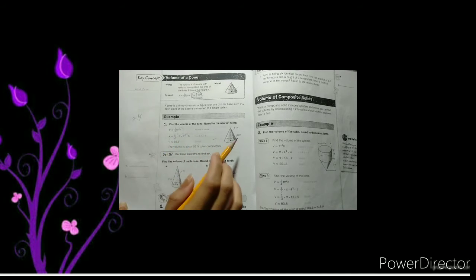Then you will simplify the given. Volume equals 1/3 times pi, the value of pi is 3.14, then times the radius, which is 3.